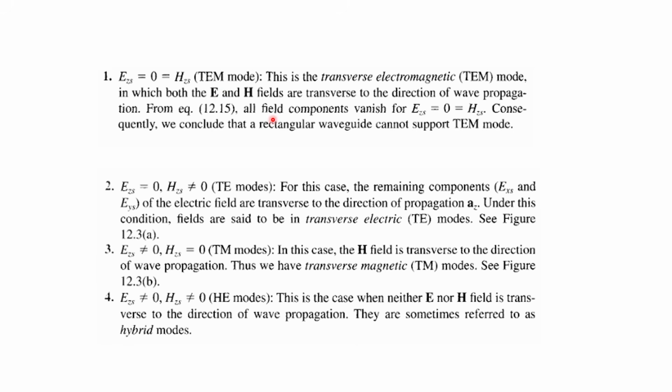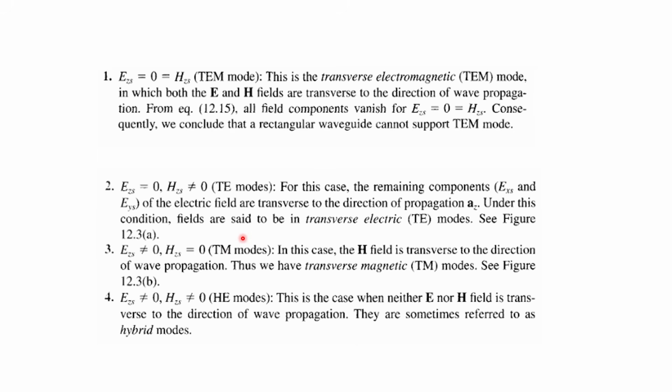Here electric field and magnetic field both are transverse. Transverse means what exactly? Both are perpendicular. So suppose if a wave is propagating in the Z direction, then the electric field and magnetic fields may be in the X and Y direction. So that is why this is called transverse.